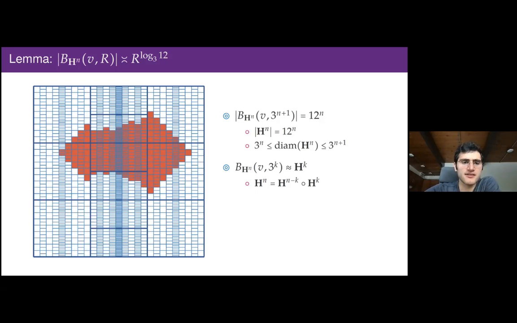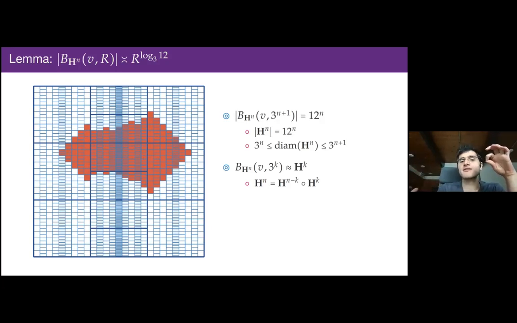And here's some other ball that starts from some other vertex, and you can see a similar behavior. So basically what's happening here, and what you can prove, is that a ball of radius 3 to the k only touches the neighbors of your copy of H to the k in H to the n minus k.